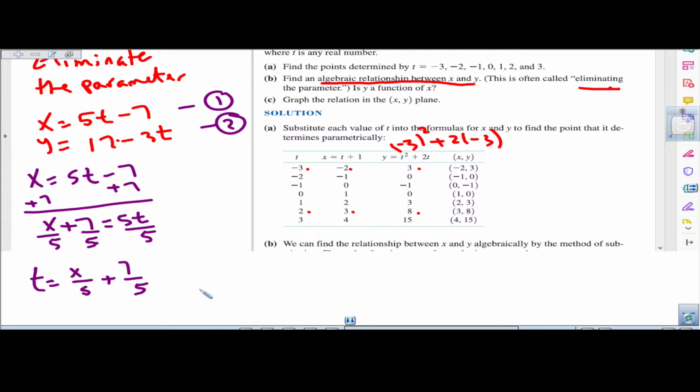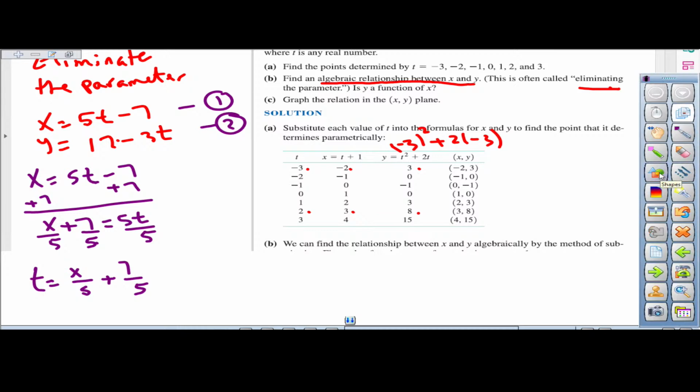Okay. You need now to take the t box. So you made yourself a t box. This is my t box. And I'm going to take the t box and plug it in whenever I see a t in my other function.